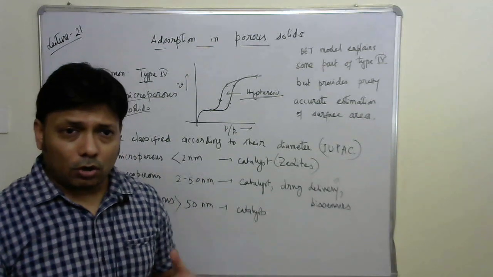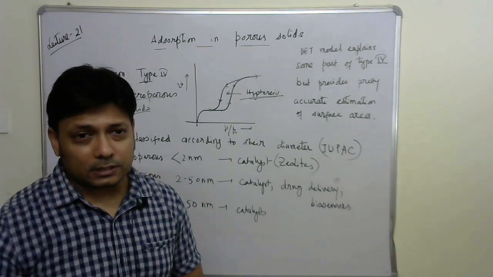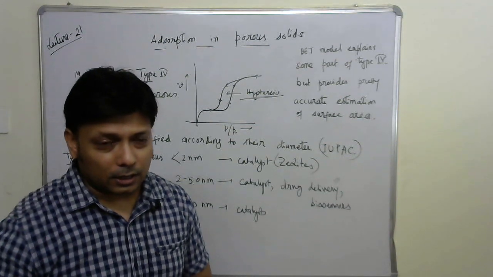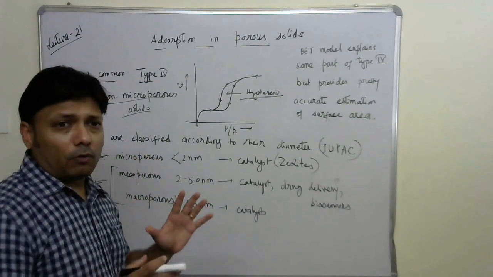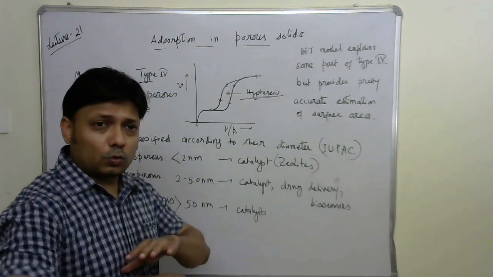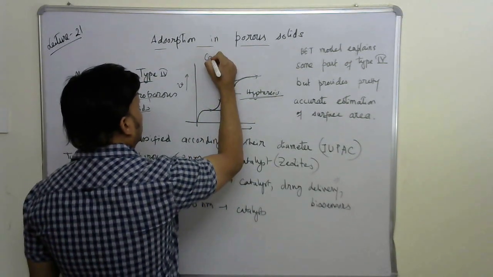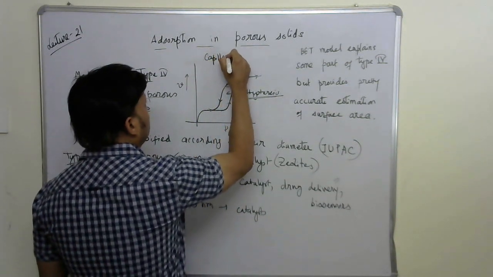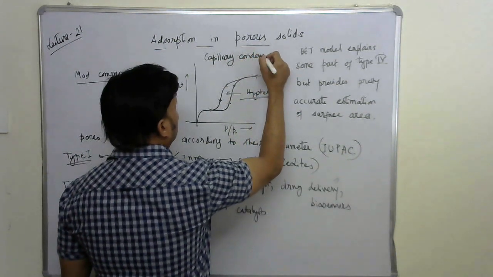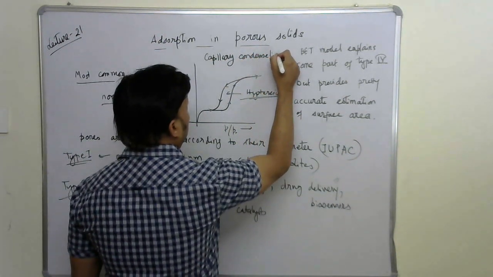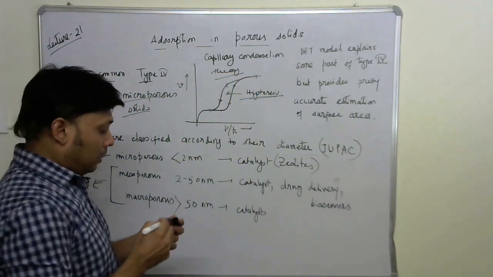There are quite a few theories, but for this course I'm not going into the details of those theoretical models. But in short, the best theory accepted so far to explain the appearance of the hysteresis loop is called the capillary condensation theory.